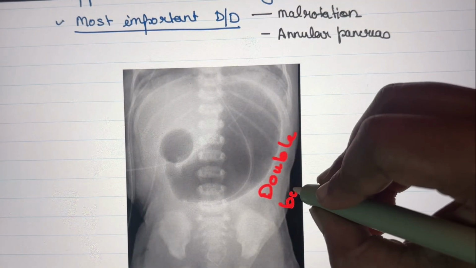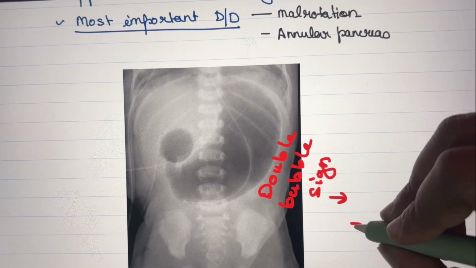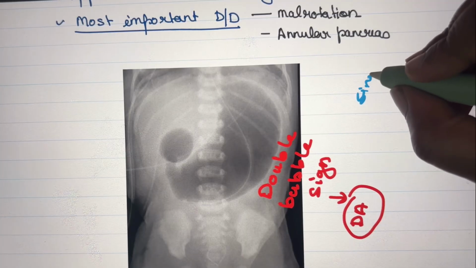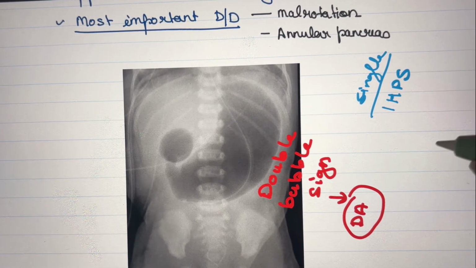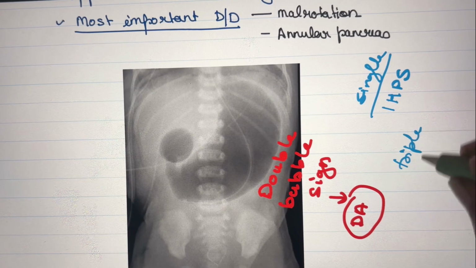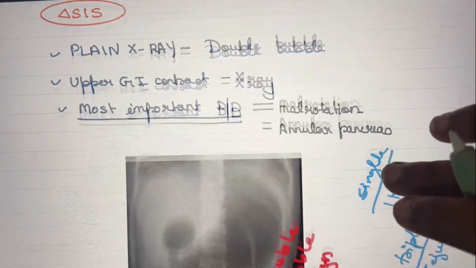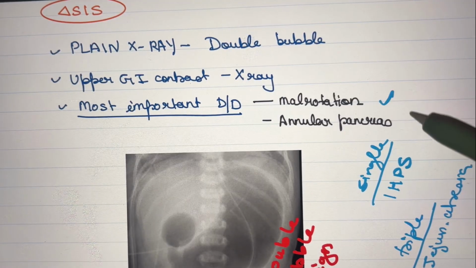Double bubble sign is seen in duodenal atresia, single bubble sign is seen in infantile hypertrophic pyloric stenosis, and triple bubble sign is seen in jejunal atresia. Fine. So the most important differential diagnosis is malrotation and annular pancreas.